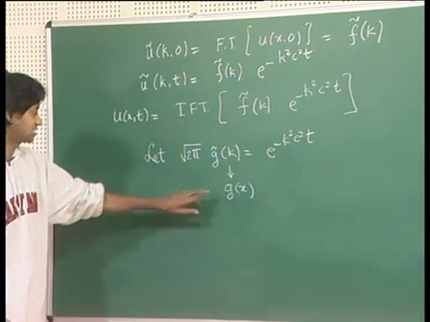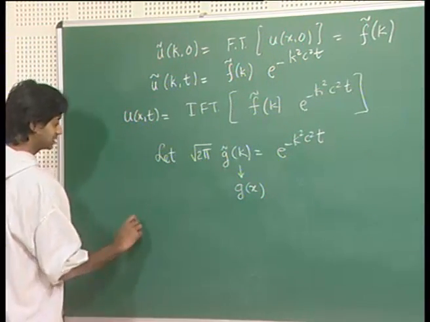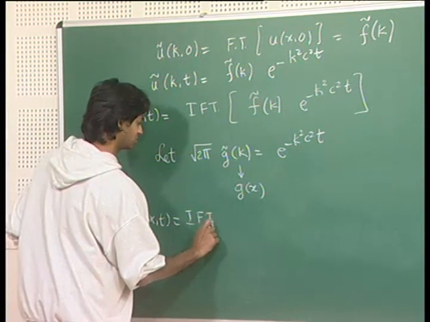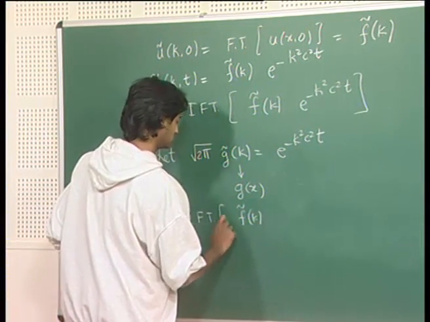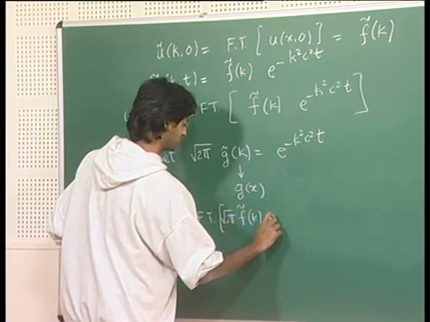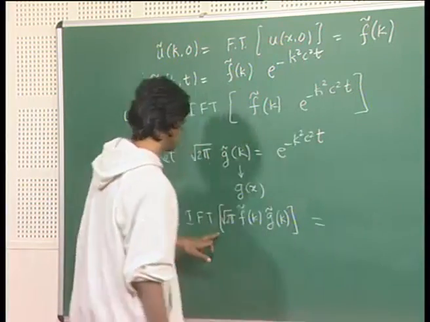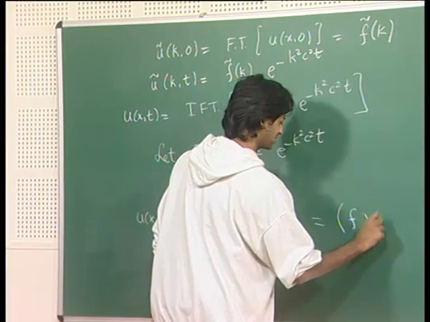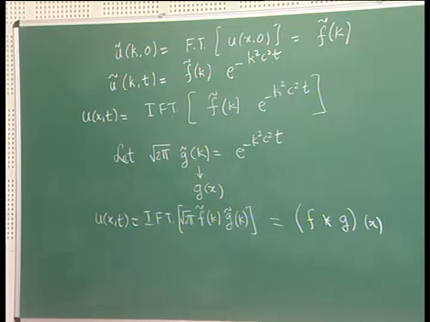So, u of x, t is equal to the inverse Fourier transform of square root of 2 pi f tilde of k g tilde of k, and the inverse Fourier transform of this, from the convolution theorem, is just f star g of x.